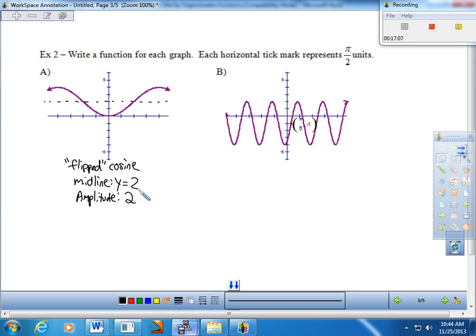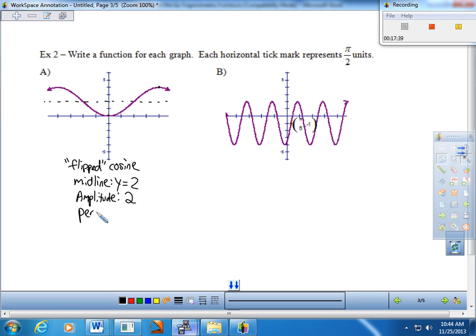This one's a little harder to figure out, but it looks like it takes me 1, 2, 3, 4 tick marks to go from the minimum to the maximum. So half the cycle is 2 pi units. Everyone agree on that? Half the cycle is 2 pi. So the full cycle there, I think, would be another 2 pi units, which would be 4 pi.